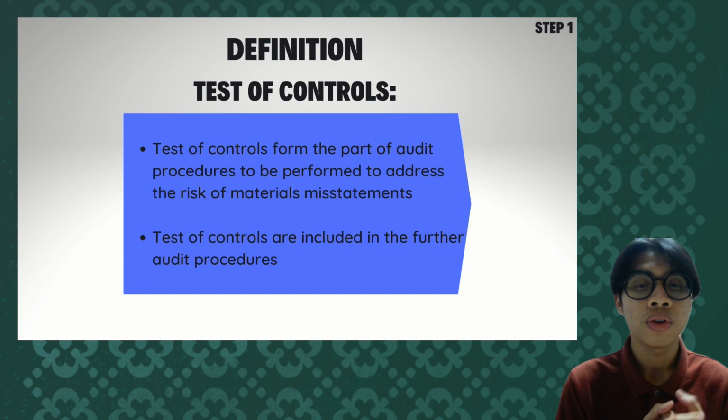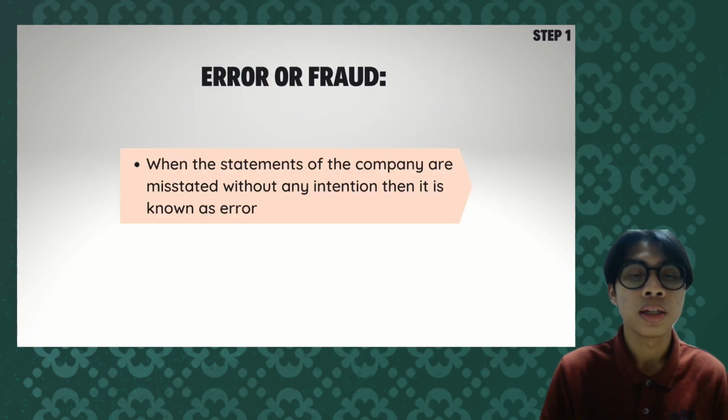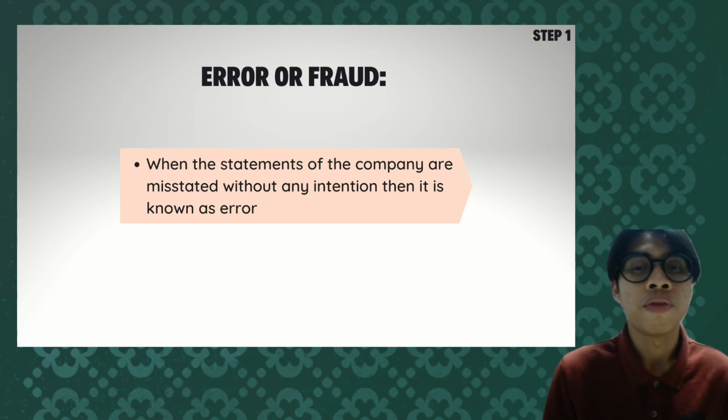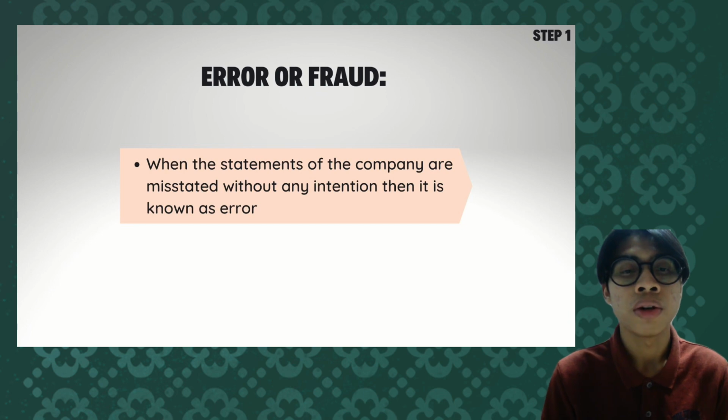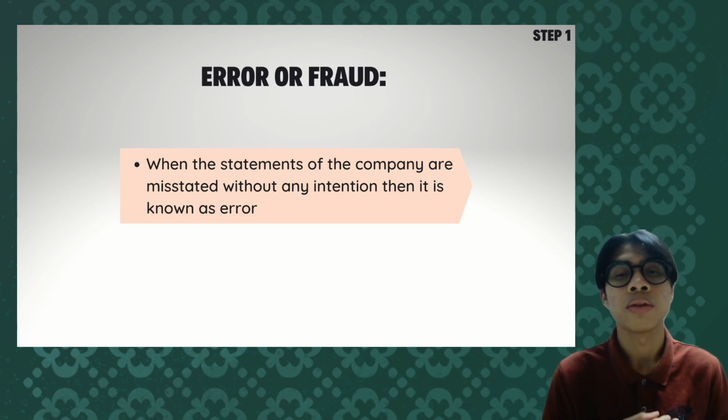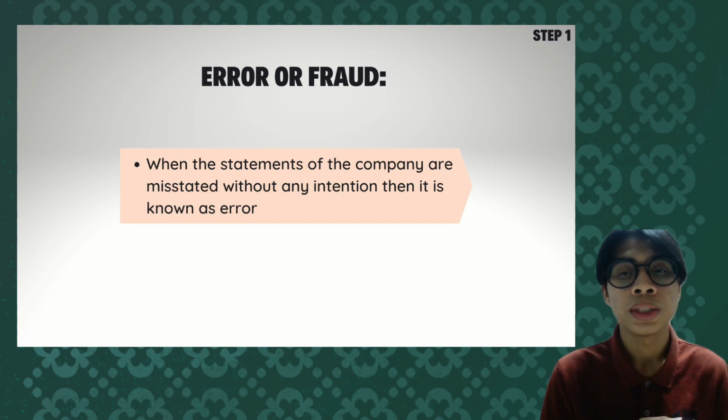Tests of control are included in the further audit procedures, which are performed after assessing the risk of material misstatement. Next slide is error or fraud. When statements of the company are misstated without any intention, it is known as error. When the misstatement is intentional, it is known as fraud.